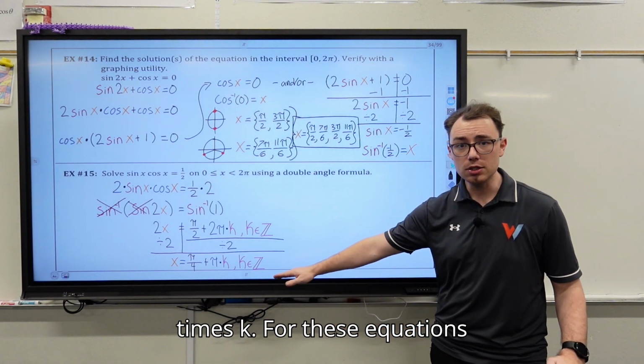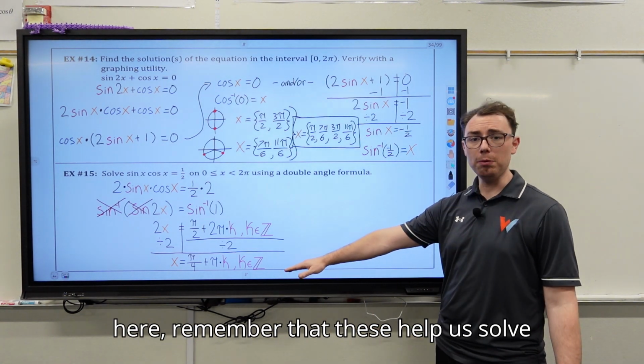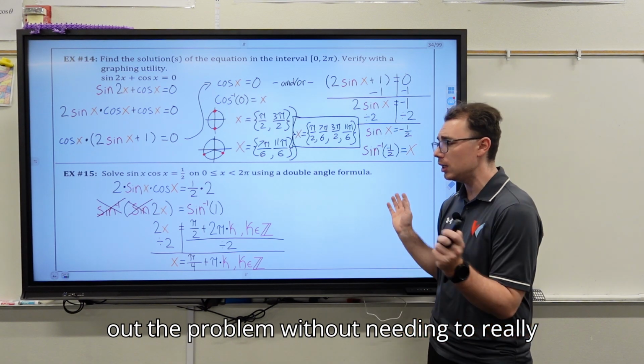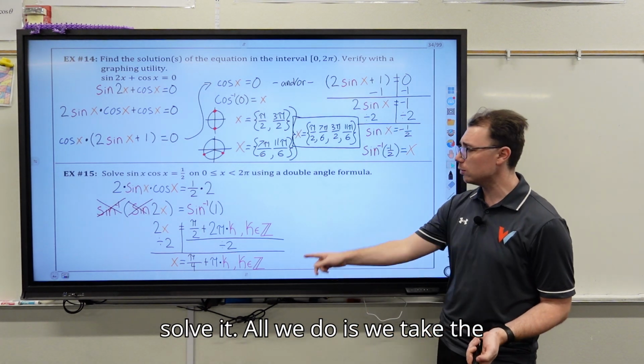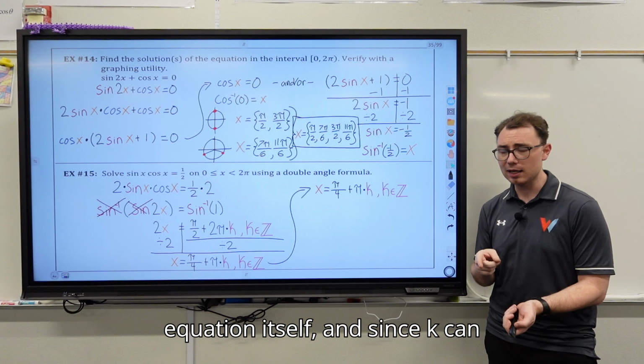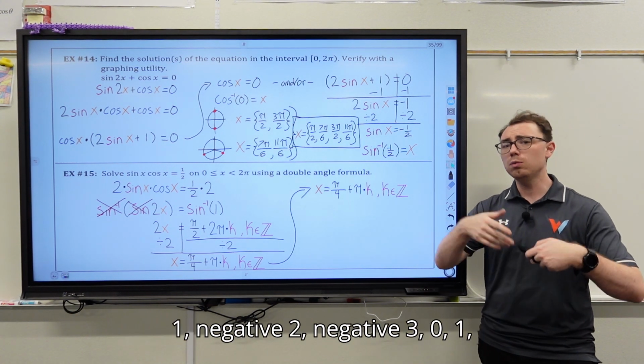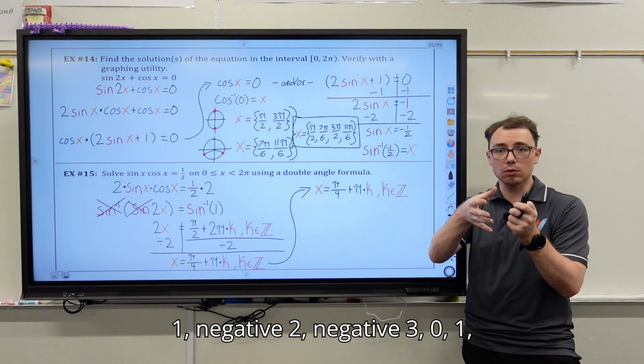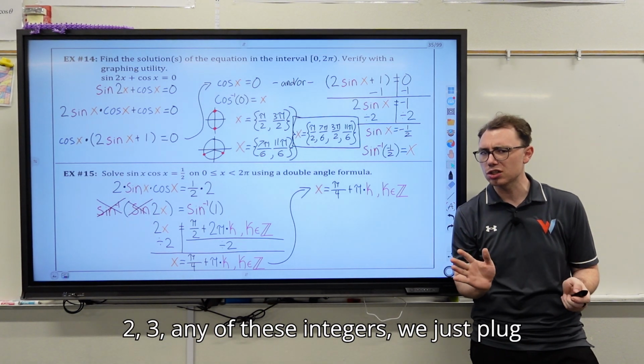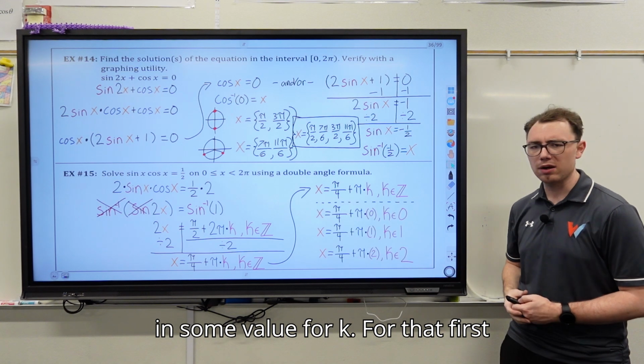For these equations, remember that these help us solve the problem without needing to really solve it. All we do is take the equation itself, and since k can be any integer value, meaning -1, -2, -3, 0, 1, 2, 3, any of these integers, we just plug in some value for k.